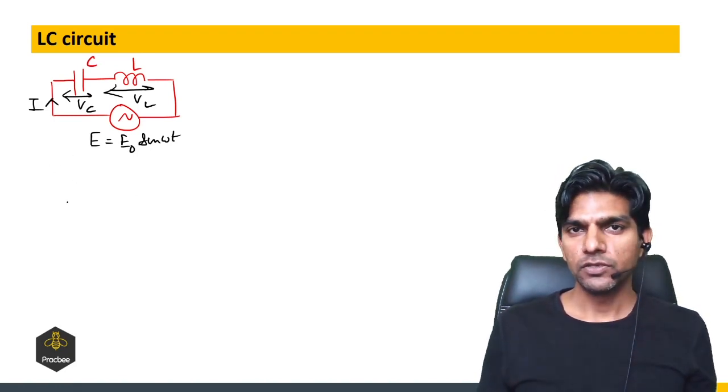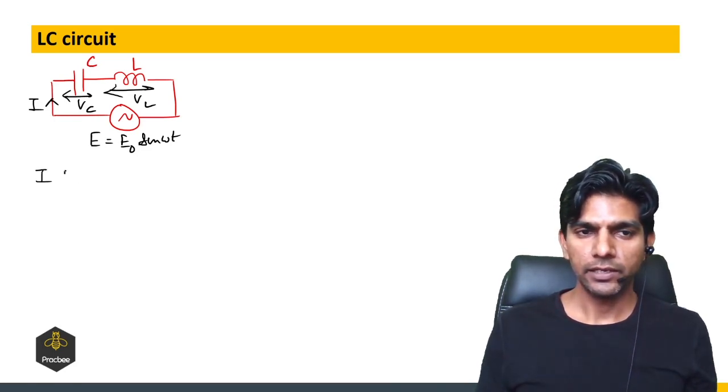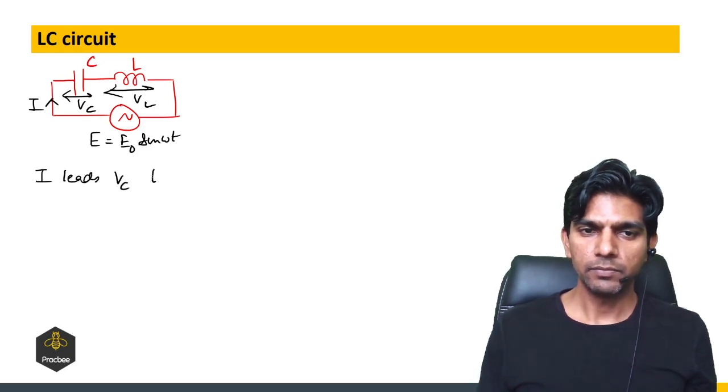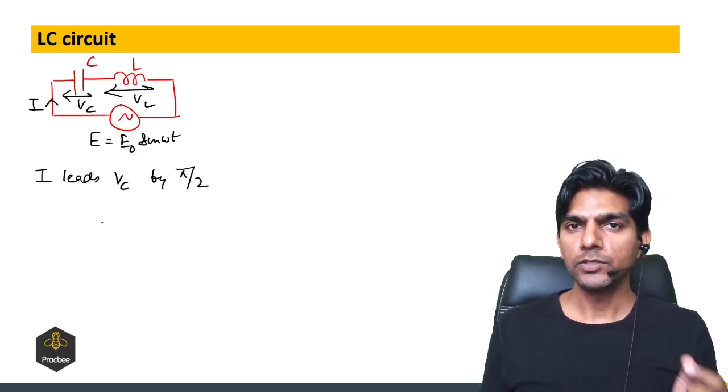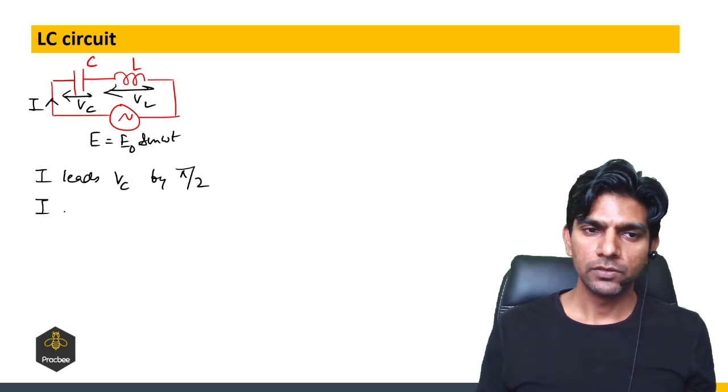So let us first draw the phasor diagram, and we know that in case of a capacitor, the current leads the voltage. So we can say I leads VC by pi by 2, and in case of an inductor, current lags the voltage. So I lags VL by pi by 2.